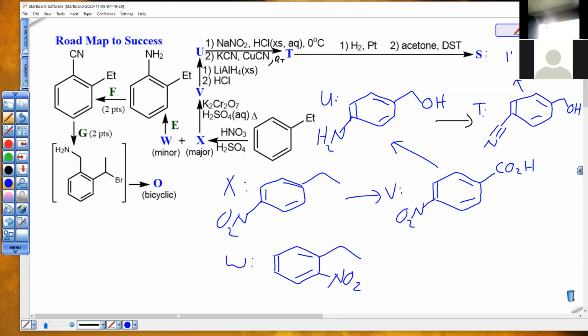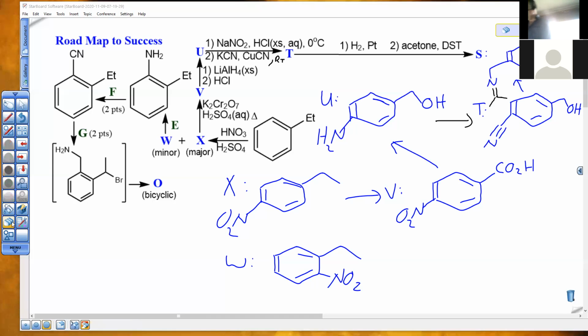And imines are C double bond to N. Water's lost because it's a condensation process. So you get CH2N, double bond, to the carbon that used to be the carbonyl carbon of acetone. There it is.